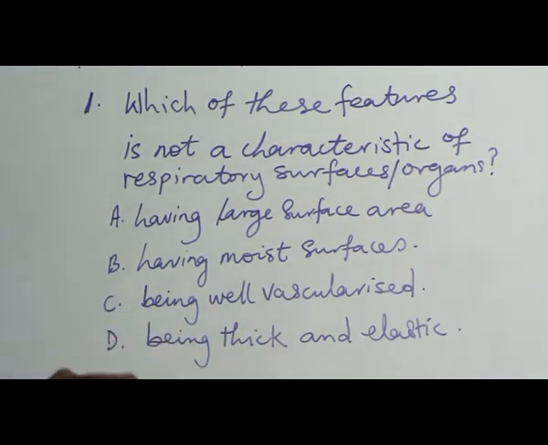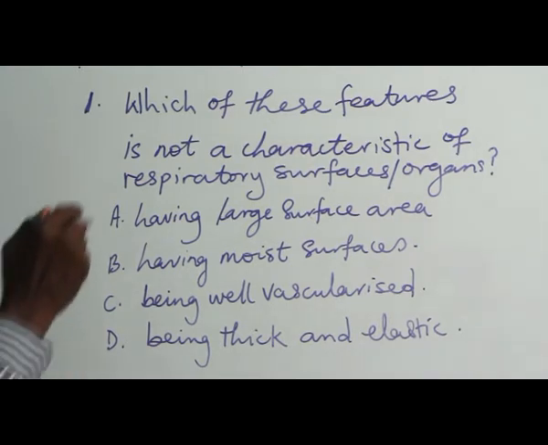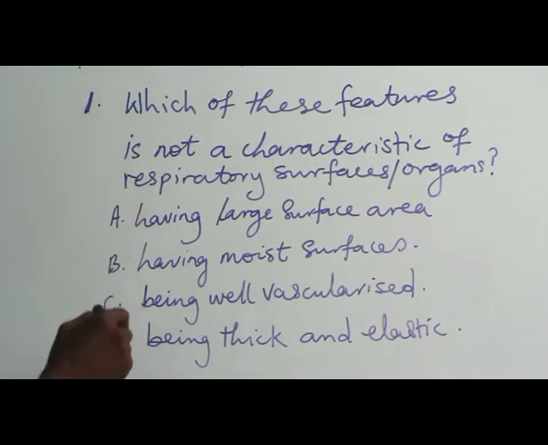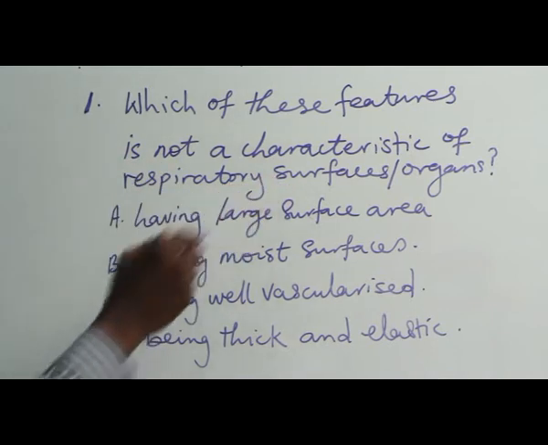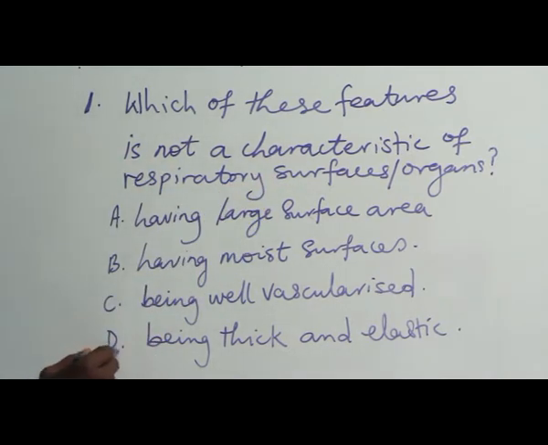That is an idea of the blood vessels, artery, having thick wall and elastic wall. So the answer to this question, the feature that is not a characteristic of respiratory surface, is provided by option D, which is being thick and elastic.